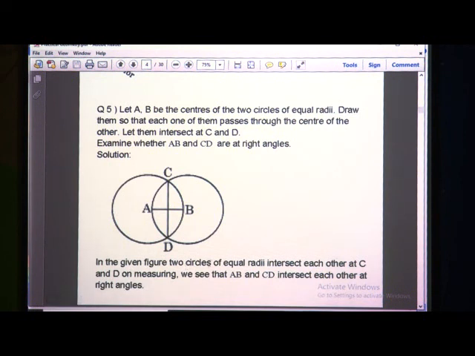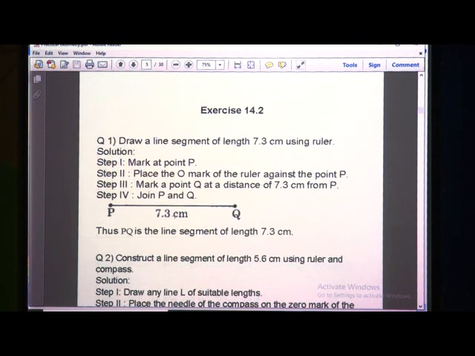In the given figure, two circles of equal radii intersect each other at C and D. On measuring, we see that AB and CD intersect each other at right angles. You can see here these are intersecting each other at right angles.